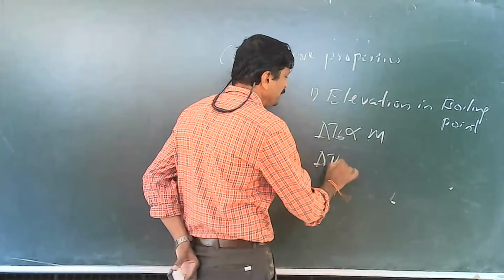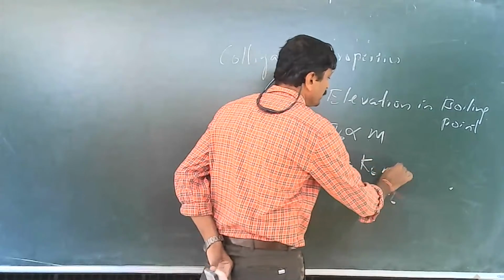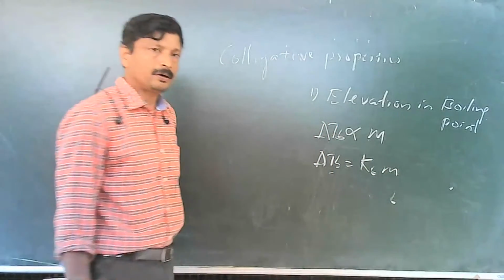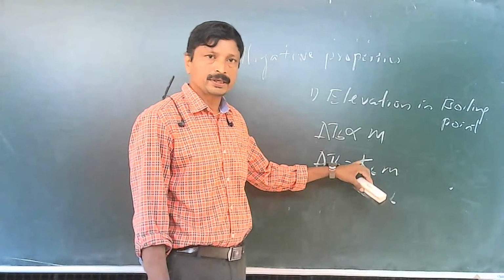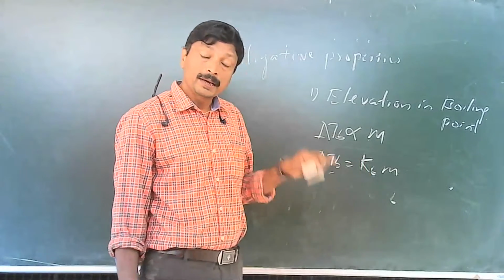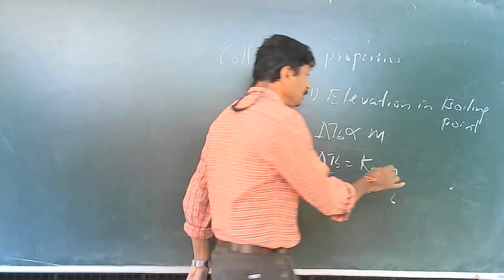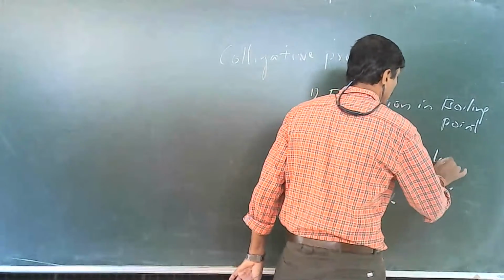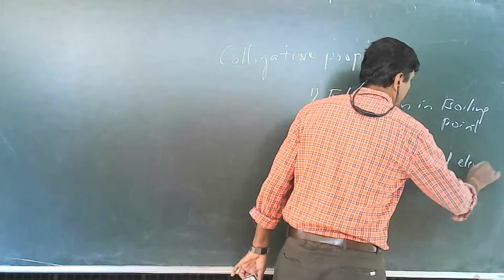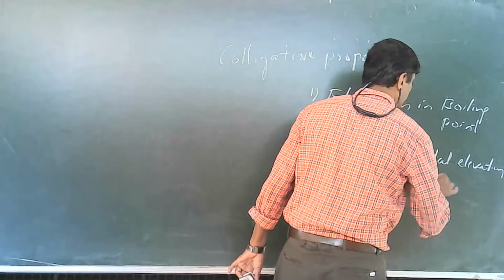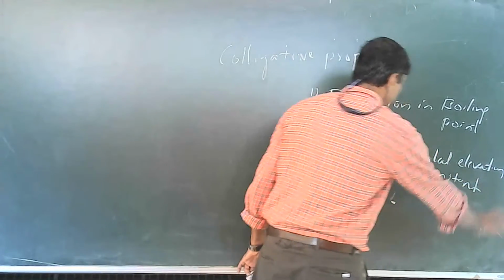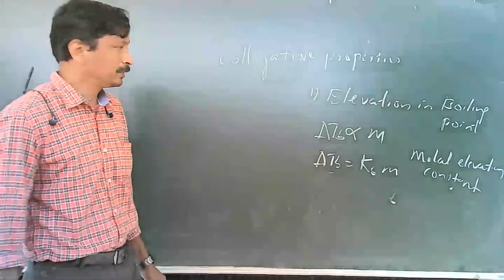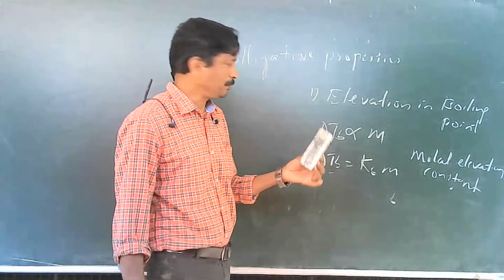So delta Tb is equal to Kb into m. Kb is the proportionality constant, called the molal elevation constant. We have discussed its unit also. Kb is Kelvin kg per mole.